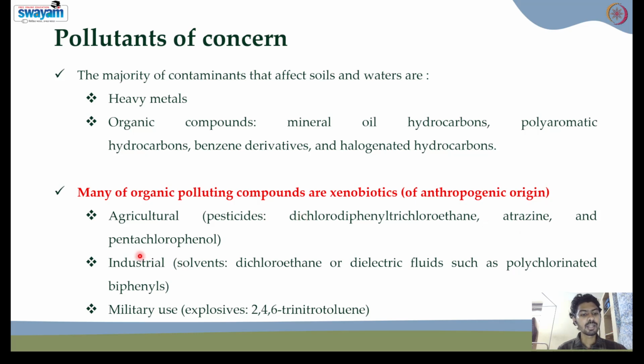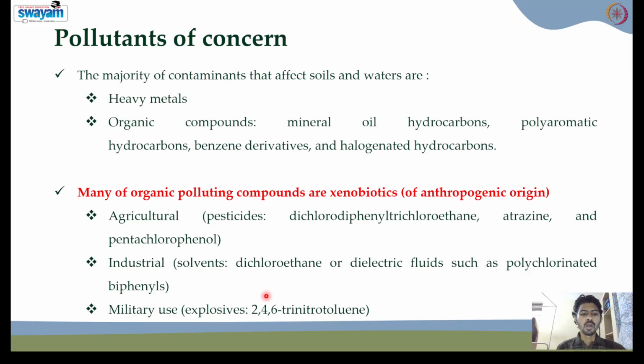atrazine, and pentachlorophenols. In industrial fields, solvents such as dichloroethane or dielectric fluids such as polychlorinated biphenyls are regarded as organic pollutants which are considered to be xenobiotic. In terms of military use, explosives like 2,4,6-trinitrotoluene are chemical compounds used for explosives.